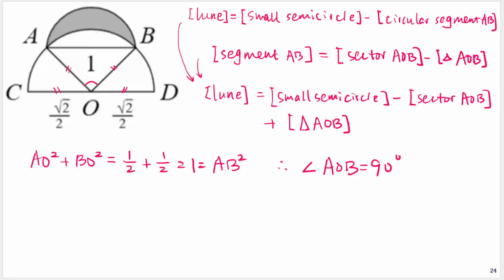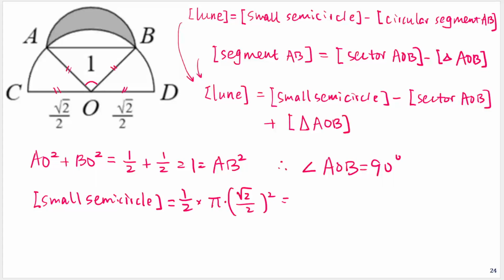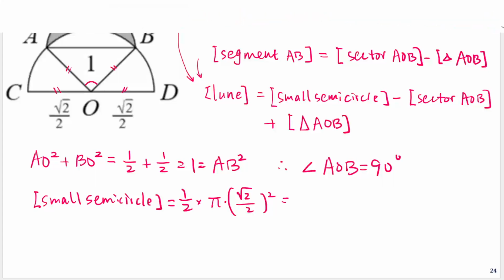Then we can find the area of all our pieces. The radius of the small semicircle is 1/2. Therefore, we know the area of the small semicircle is just 1/2 of its area, which is 1/2 of pi r squared, oh sorry, made a mistake here.